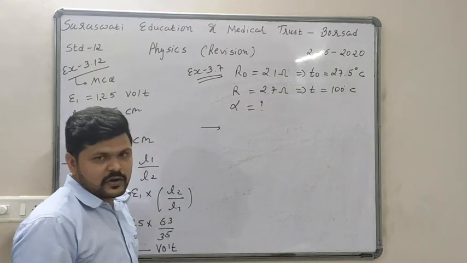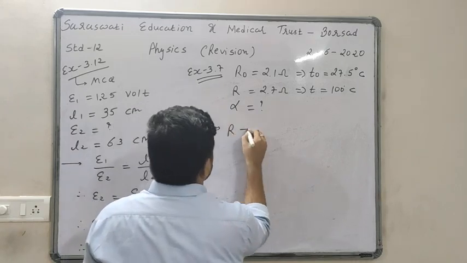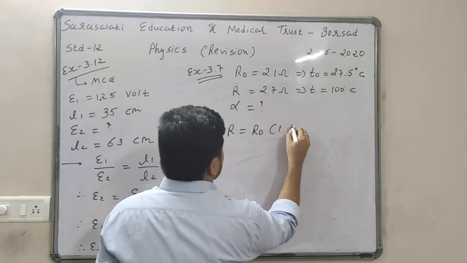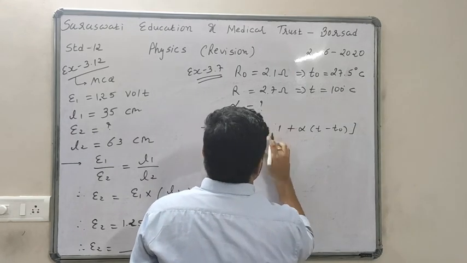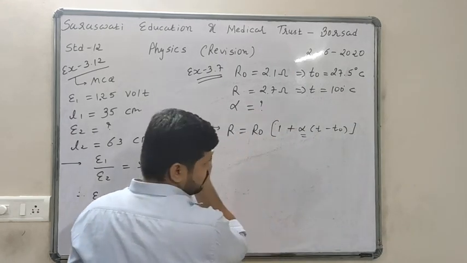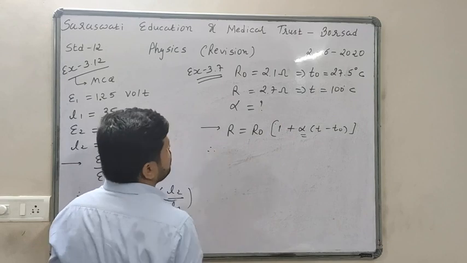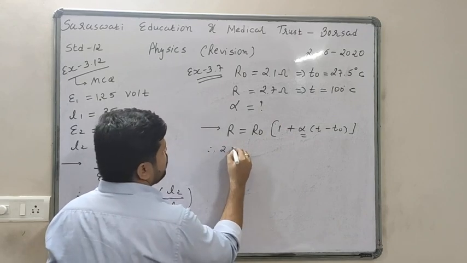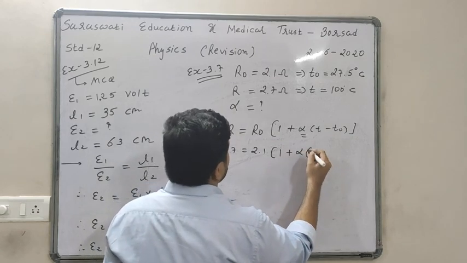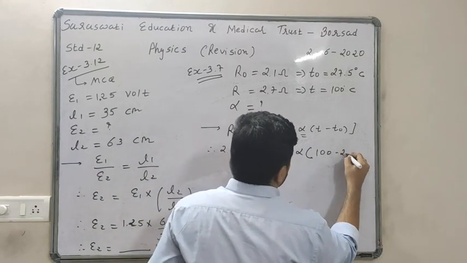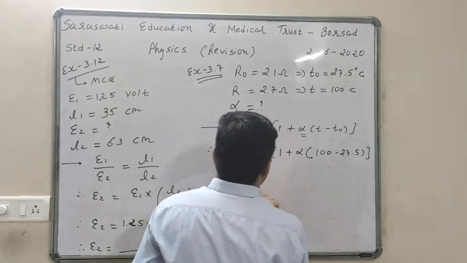Just use the formula R is equal to R0 into 1 plus alpha into T minus T0. Make alpha the subject, and you can calculate. See, R is 2.7, which is equal to 2.1 into 1 plus alpha into T, where T is 100 minus 27.5.